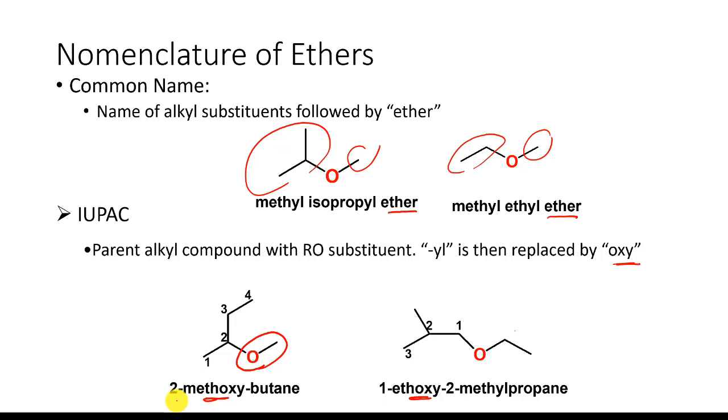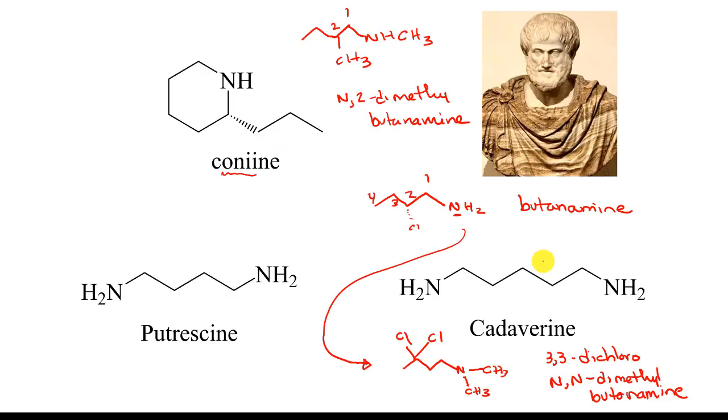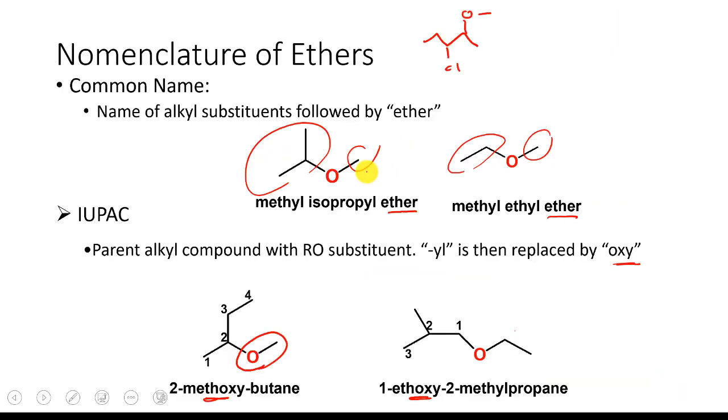So I'll give you a couple of examples on the top of this slide. Let's say we have this and this, right? So now you have to find the parent. If it's an alkane and it doesn't have an alcohol or an alkene functional group in it, you just number the parent chain to give the first substituent the lowest possible number.